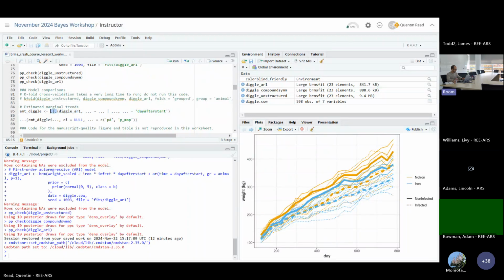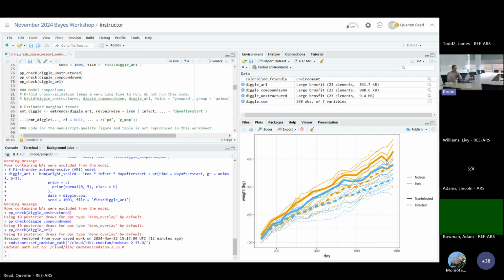We want emtrends, estimated marginal trends, and you see that we're using the autoregressive model, the AR1 model, to make inference. We want reverse pairwise, so we want the difference with the treatment minus control. We want to compare each level of iron within each infection group.